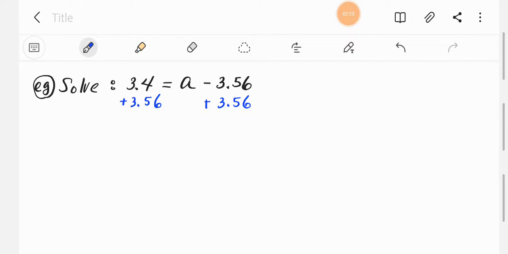The result on the left-hand side will be 6.96, which is equal to a, and on the right side, when you add this minus and plus, this becomes 0. So the solution is, the value of a is 6.96.